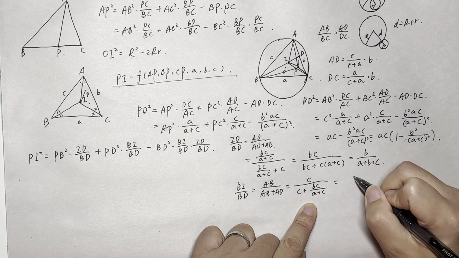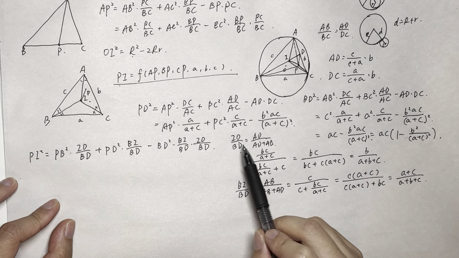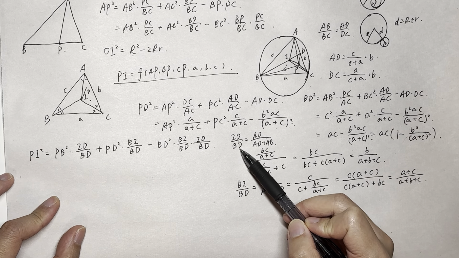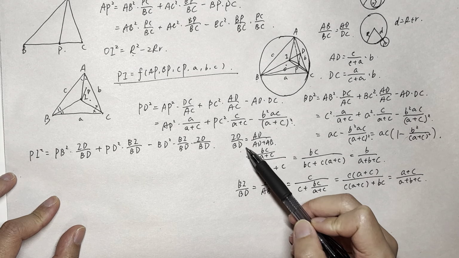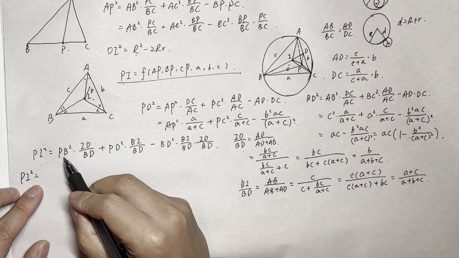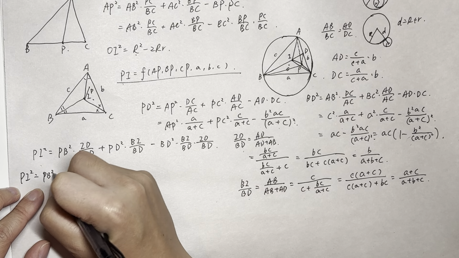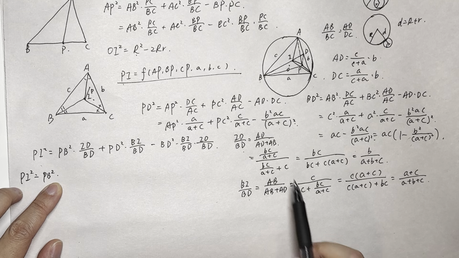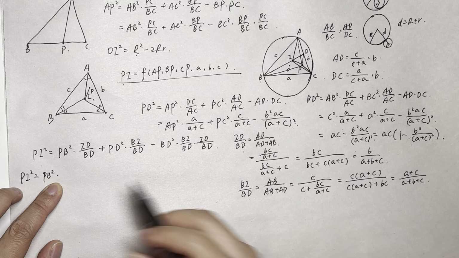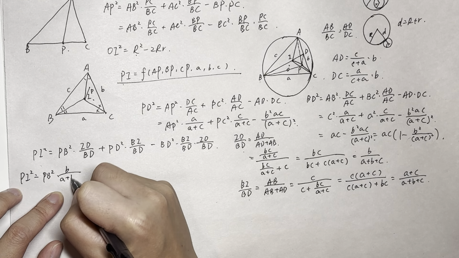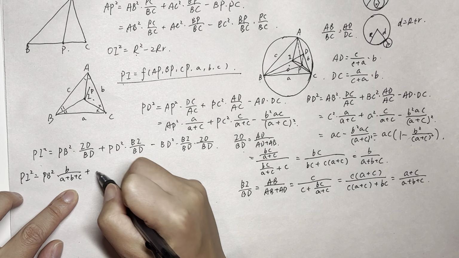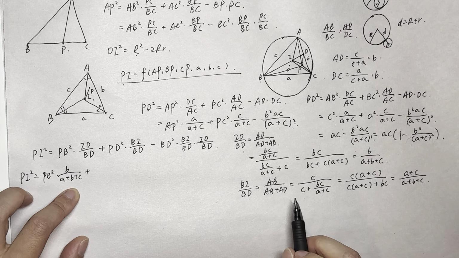Now we get the ratio of ID to BD and the ratio of BI to BD, and we have the BD square. So we can put all of them into this equation to get the PI square, right? So PI square equals PB square times ID to BD, that is B to A plus B plus C, plus PD square. Where is PD square?